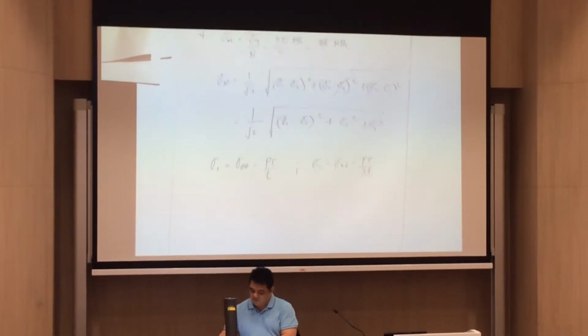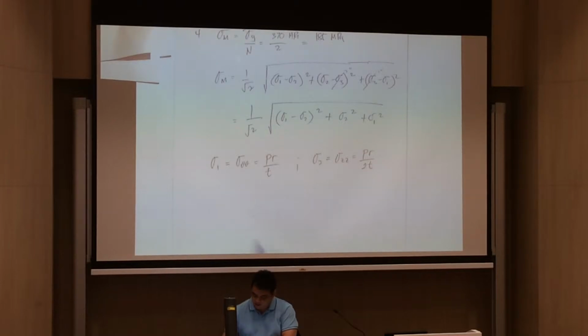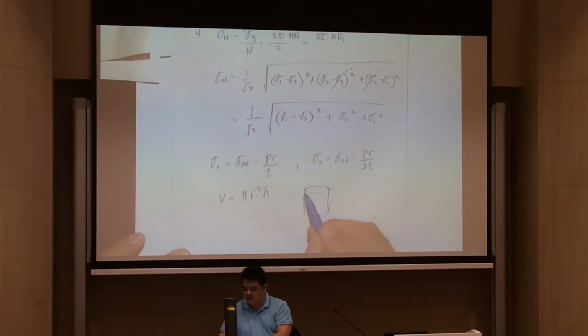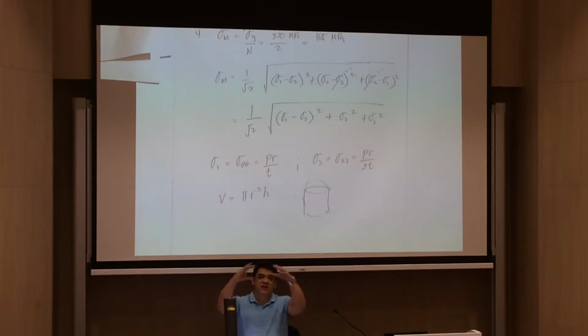Here, of course, we have now your volume equal to pi r squared multiplied by that height. So we're looking at a right cylinder. Well, the tank's supposed to have that spherical end, which will balance the pressure inside.